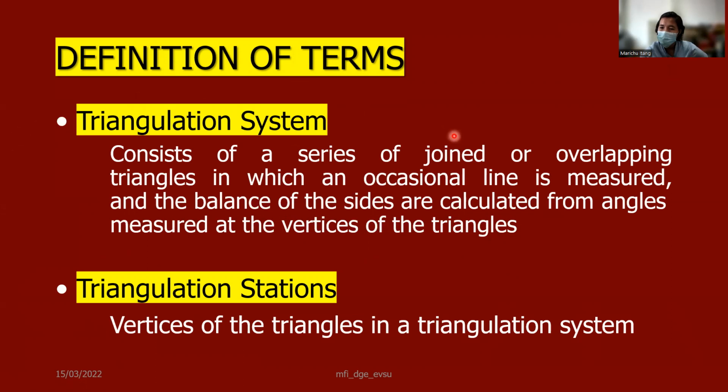I know you are more familiar with this one. We have the triangulation, which is a series of joined or overlapping triangles in which an occasional line is measured. In a quadrilateral, you can measure two lines or just one line, the base and the baseline, and it will do.